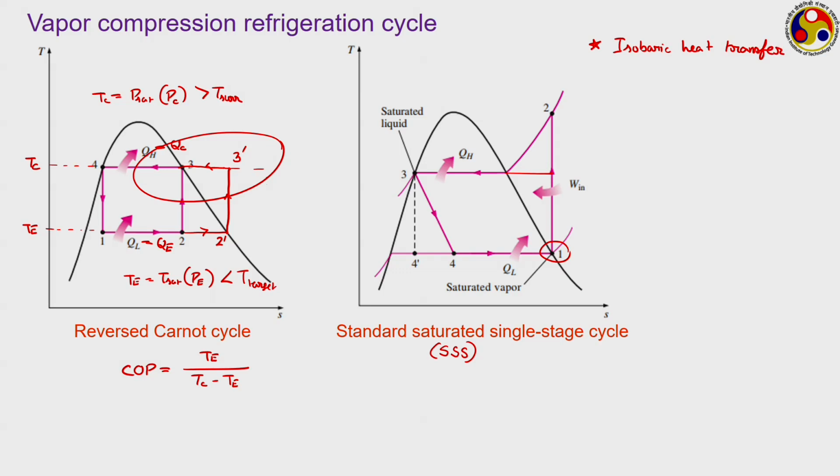So, both evaporation and condensation processes are isobaric in nature, and therefore, during the compression the final temperature, this T2, is not Tc, rather it is greater than Tc, where Tc refers to this particular temperature, just being consistent with the notation used for the reverse Carnot cycle, whereas this is our Te. The lowest temperature remains Te, but the highest temperature is higher than Tc now.